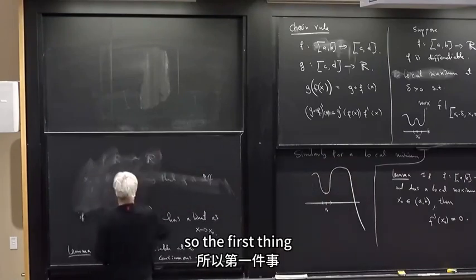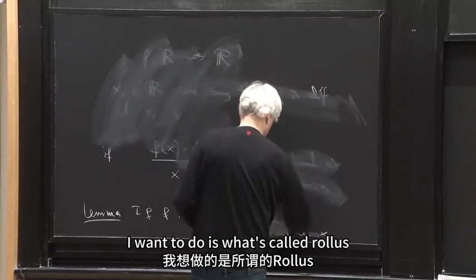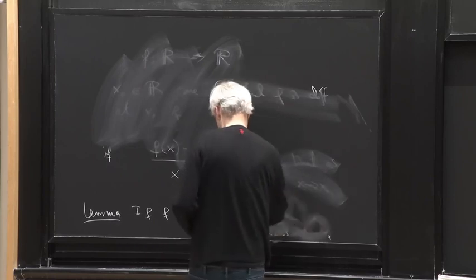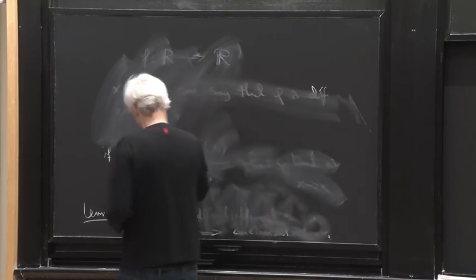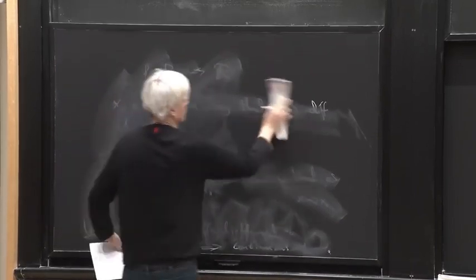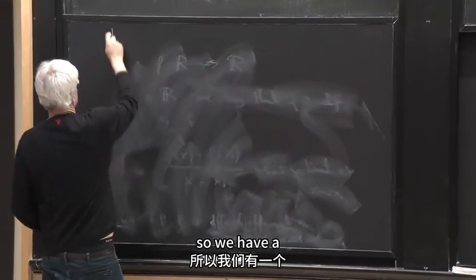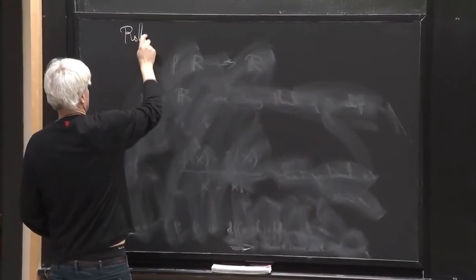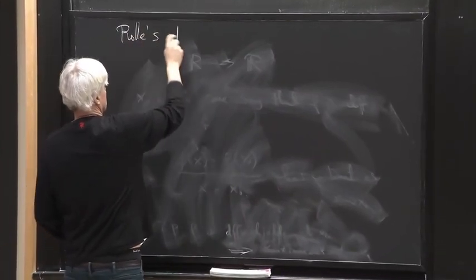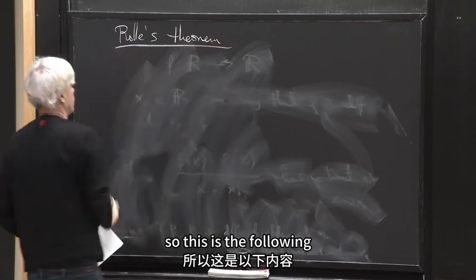So the first thing I want to do is what's called Rolle's lemma or Rolle's theorem. So this is the following.